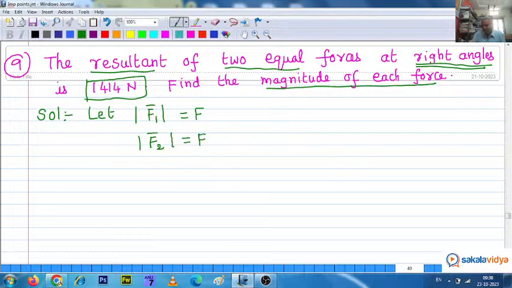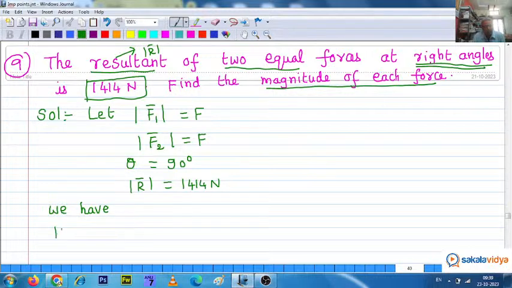They are equal. Next, theta is equal to 90 degrees. Magnitude of each force, that means F we need to find out. Then the resultant is given. The resultant means R bar is given. So R bar equals 1414 newtons.